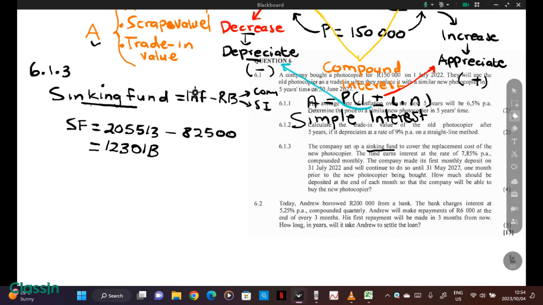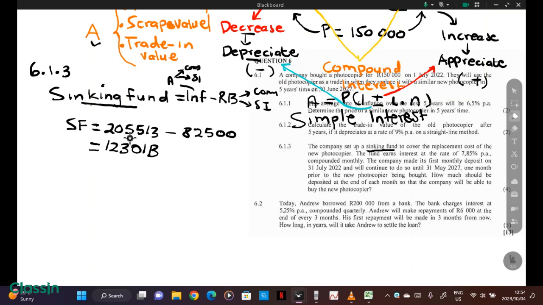So even with the inflation, it can appreciate at compound or at simple interest. You should not be stagnant, it is always compound interest. So now we said that the simple interest is the inflation minus the reducing balance.